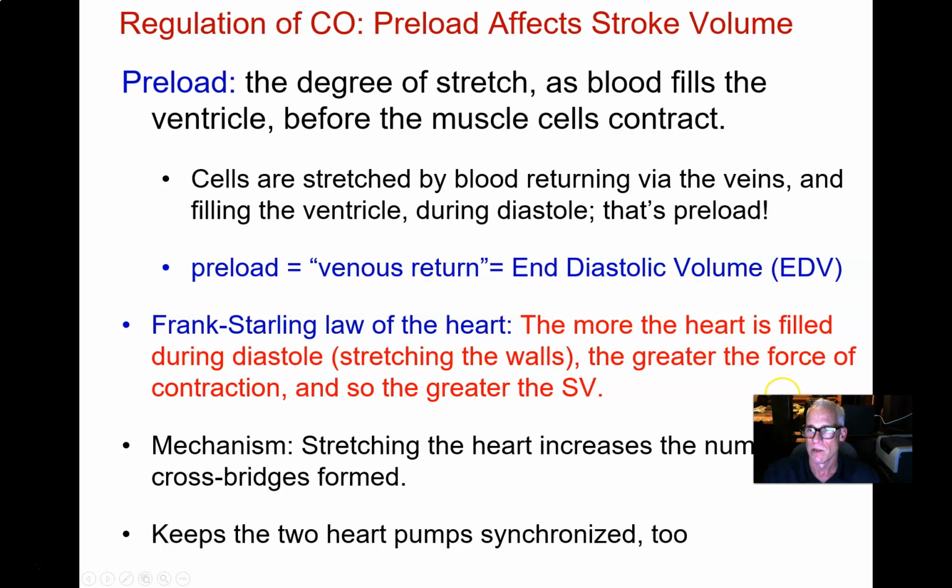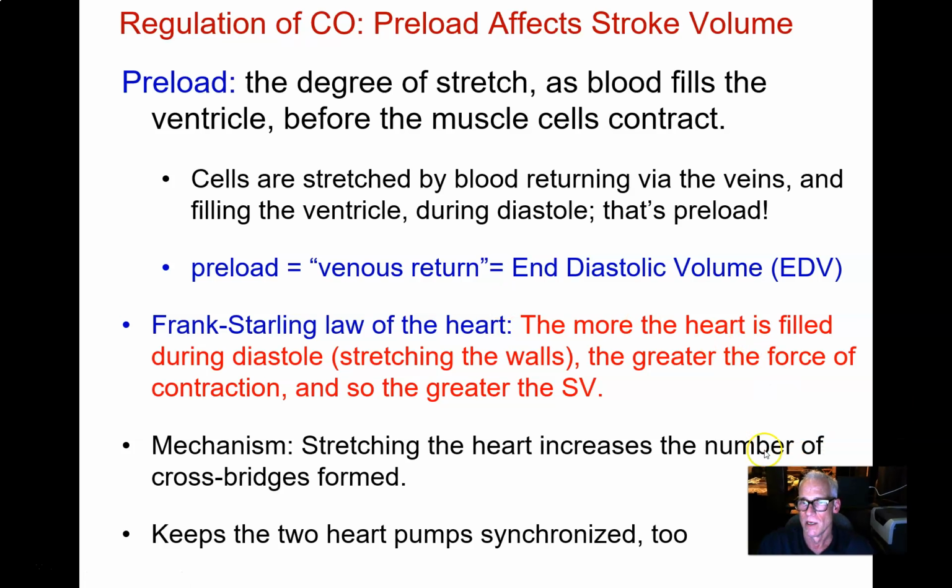Here's the magic thing I was talking about. The construction of the muscle cells in the heart, the cardiomyocytes, is such that if you stretch them by filling them with more blood before a beat, they'll contract more vigorously. The more you stretch the ventricle wall during diastole, the more cross bridges will form, and the more firmly it will contract. Isn't that amazing?